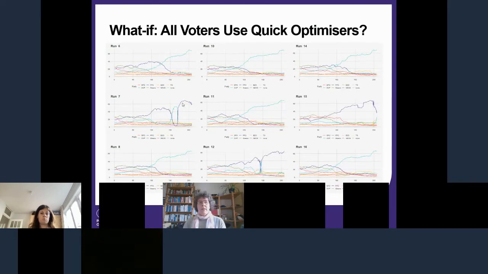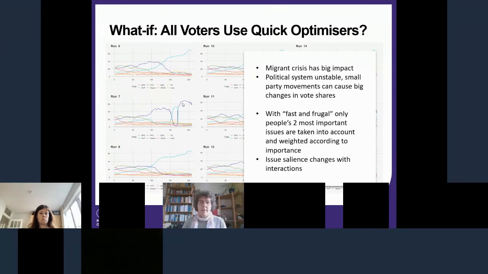And I also ran a scenario, what if all voters use quick optimizers like the fast and frugal strategy? Here we see quite a variety of outcomes. The migrant crisis has a big impact. The political system seems unstable in some of the runs, where small party movements can cause big changes in voter shares.